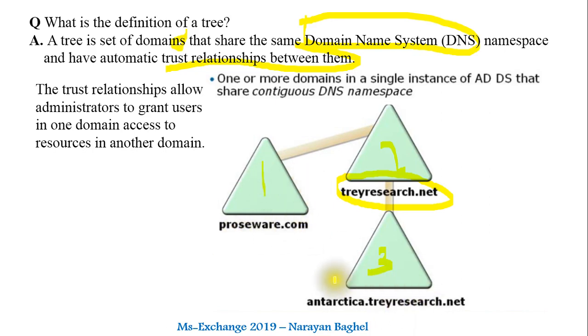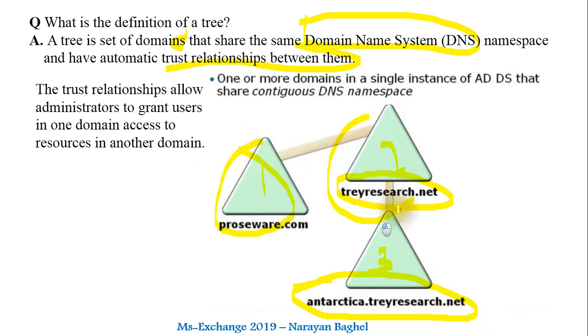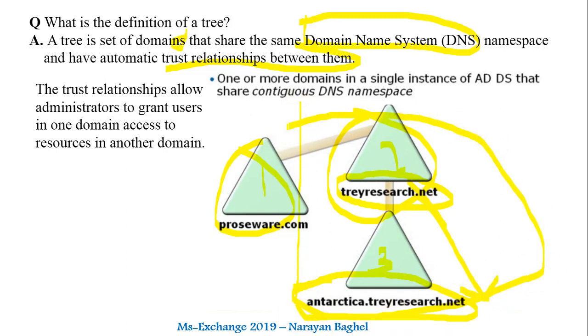Here you will see something different, antarctica.trayresearch.net. This is a separate domain, and this is something which is shared with this domain. So this portion becomes one separate tree because it is a combination of two domains, but they are sharing one common DNS namespace.